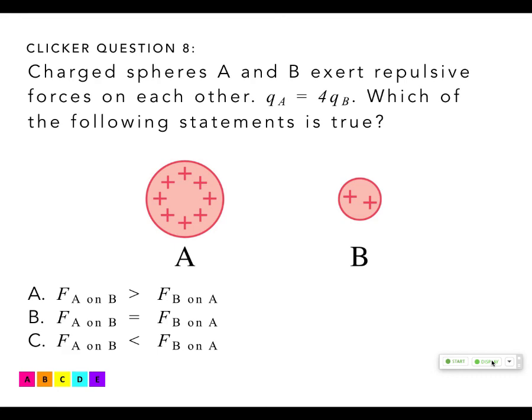This is an action-reaction pair. The force of this on this should be equal and opposite to the force of this on this, but we're just asking about the magnitude. This is not a vector, so the magnitude should be the same. The signs will be different, but the magnitudes are the same. Everybody okay with that? Cool.